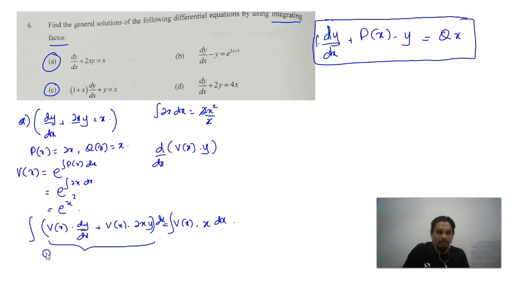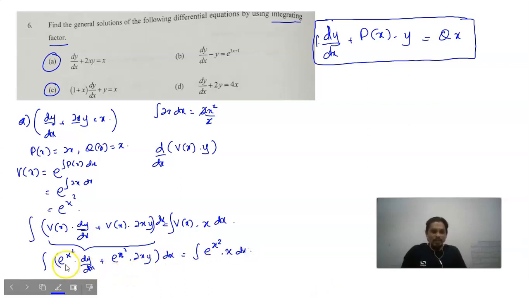The integral of e^(x squared) times dy/dx plus e^(x squared) times 2xy dx equals the integral of e^(x squared) times x dx.